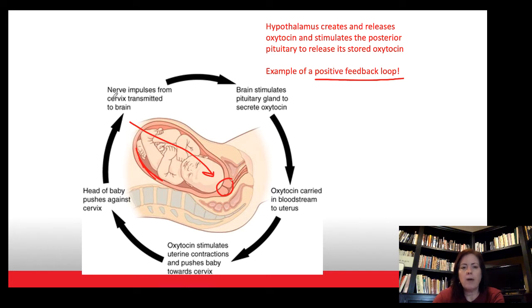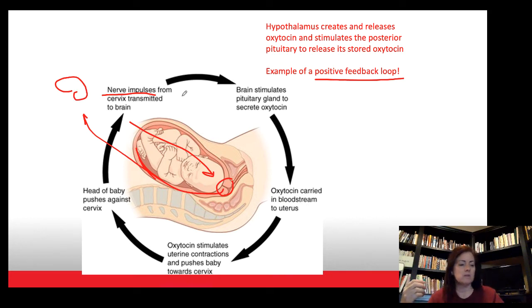Okay, what happens there is that nerve impulses from the cervix are going to travel up to the brain to basically tell the brain, okay, we are in childbirth, and we're going to stimulate release of oxytocin. So the pituitary gland is going to release more oxytocin.